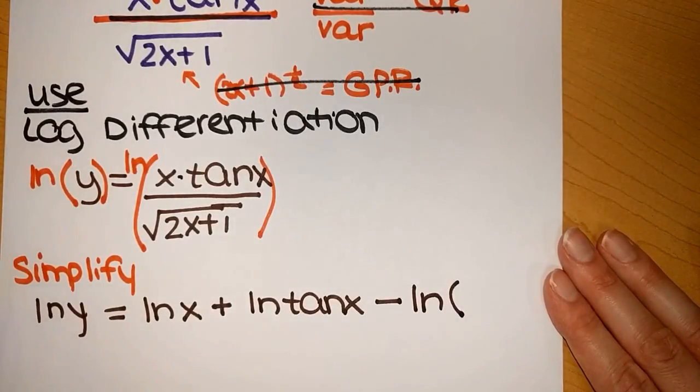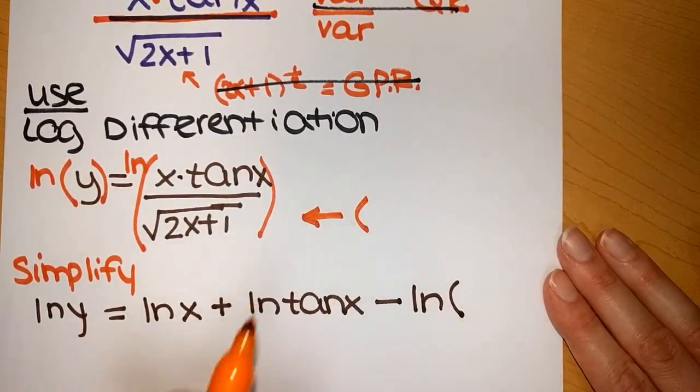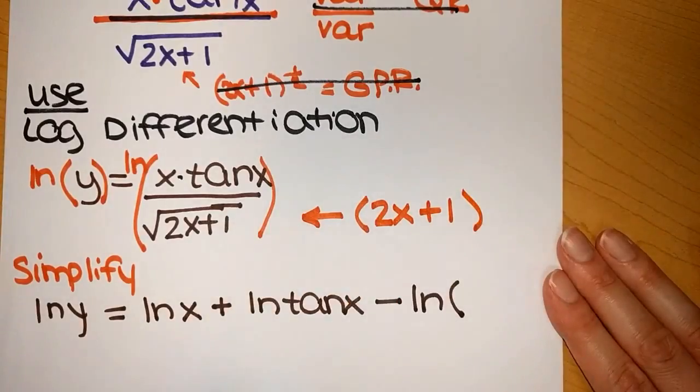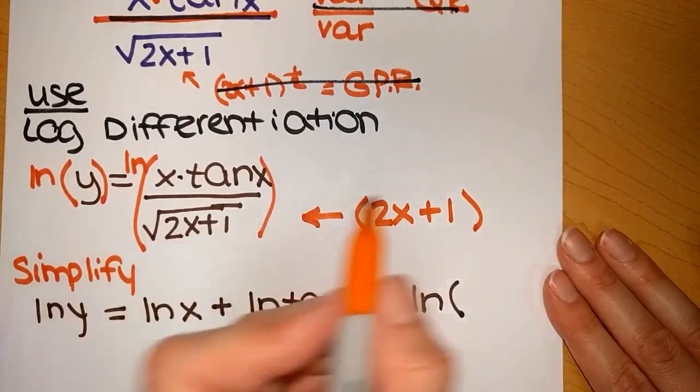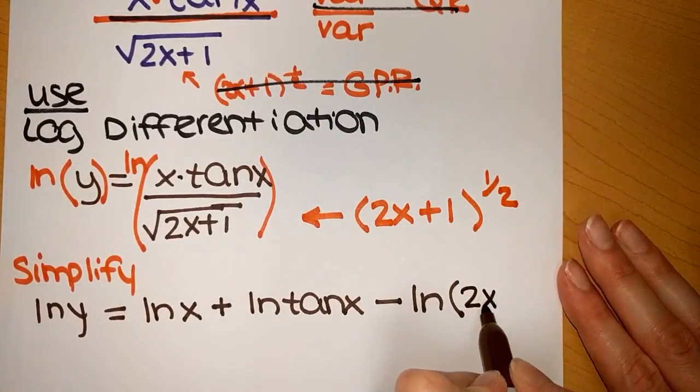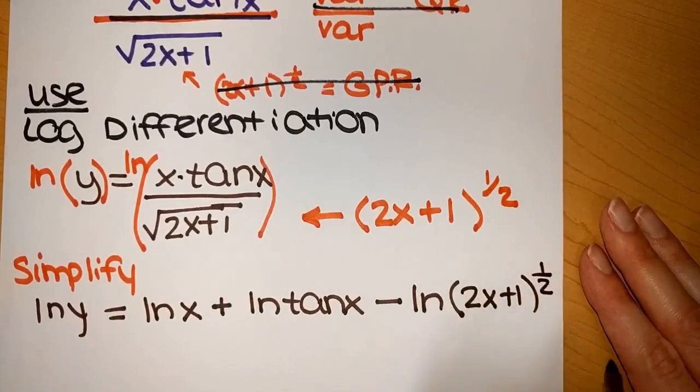Now, when you look at your denominator, you have a square root. So anytime we're trying to take the radical, we always rewrite that as a power. So this is going to be to the 1/2 power. So what I'll really have with the rewritten radical is minus natural log of 2x plus 1 to the 1/2 power.